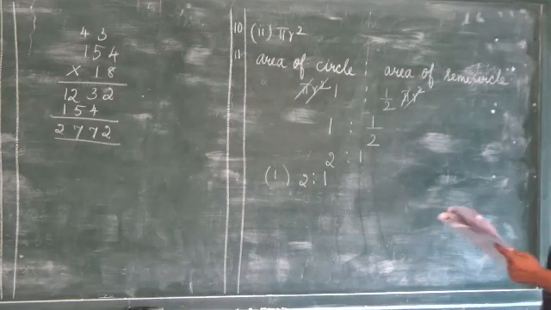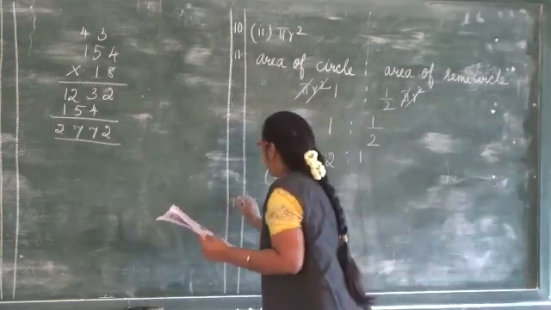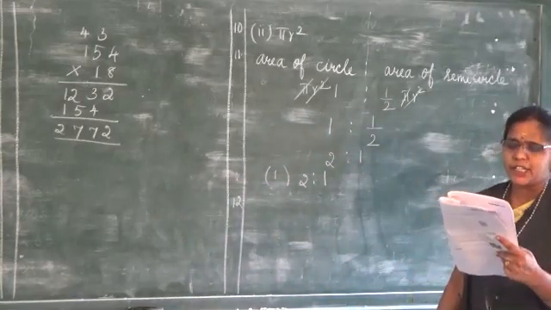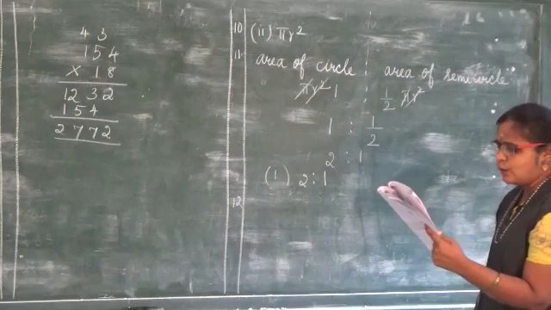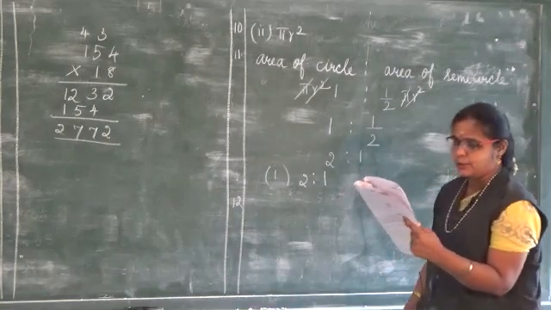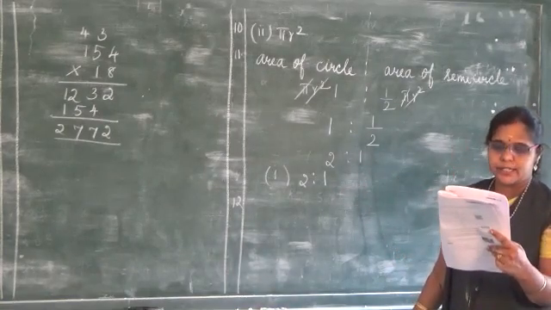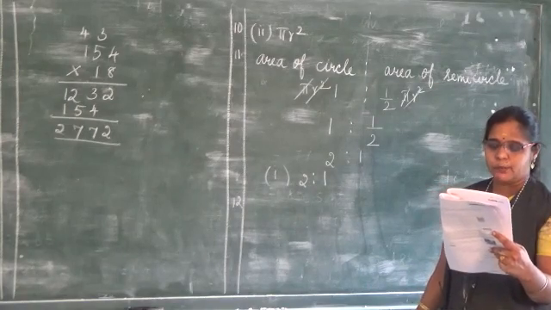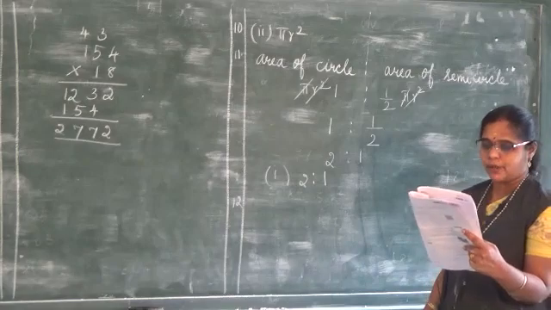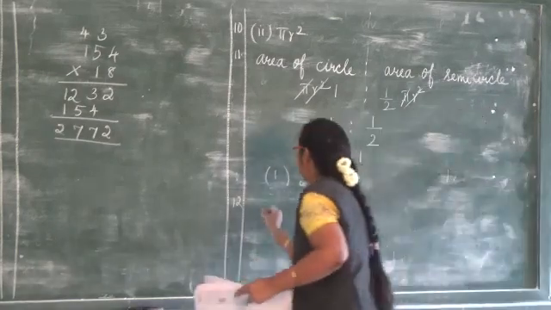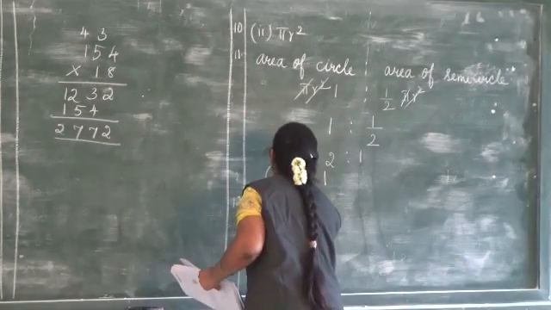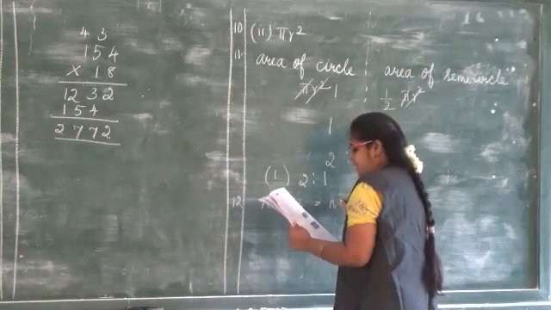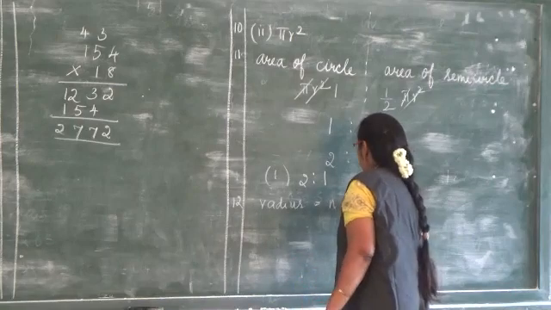Then the 12th problem. Area of the circle of radius n units is: the first option is 2 pi r square units, then pi m square units, pi r square units, and the fourth one pi n square units. Here in the place of radius they have given us n units.